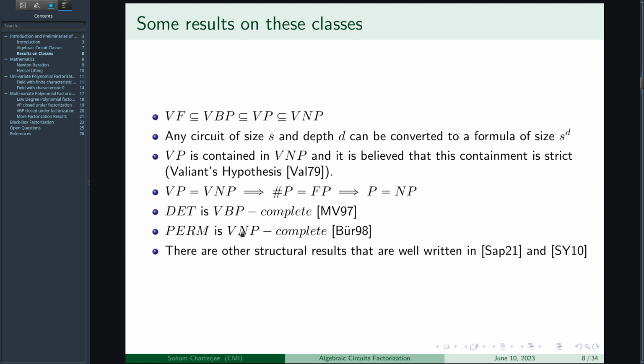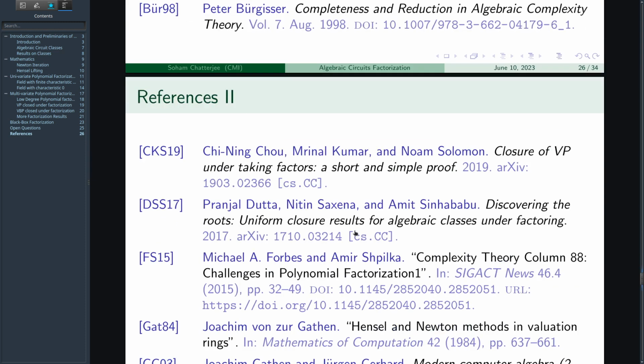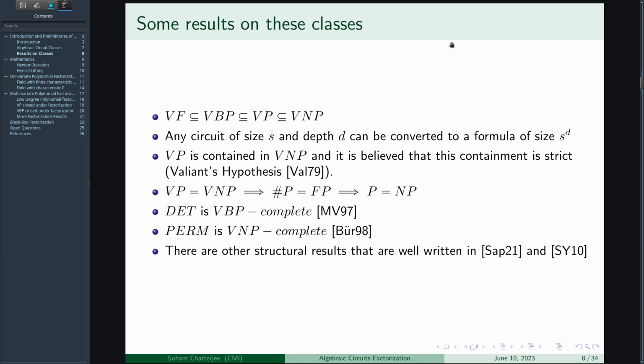Now, since we have talked about the permanent: the permanent is VNP complete, and this result you will find in Bürgisser's book, Completeness and Reduction in Algebraic Complexity Theory. There is another book by Bürgisser, Algebraic Complexity Theory, that's also a very good starting book for algebraic circuits. There are also some other structural results, like if you have a polynomial, how will you calculate its ith degree homogeneous part, or the derivative of a polynomial.